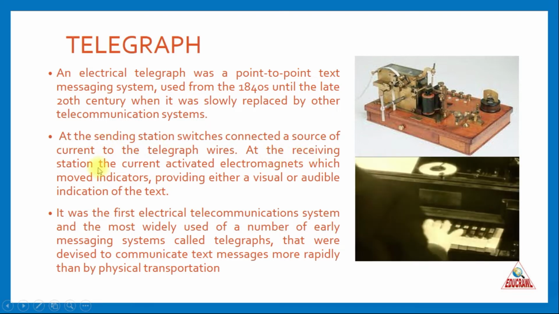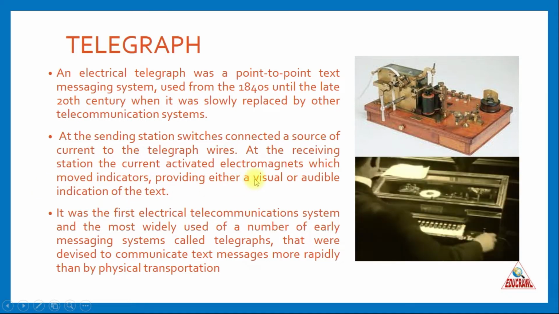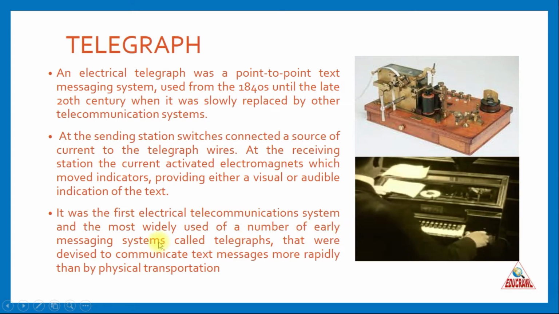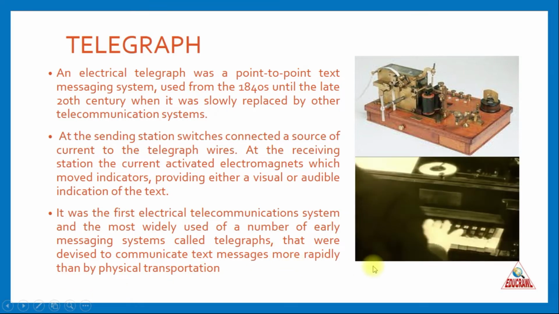Similarly, at the receiving station, the current activated electromagnets which moved the indicators, providing either a visual or audible indication of the text. It was the first electrical telecommunication system, and the most widely used of a number of early messaging systems called telegraphs that were devised to communicate text messages more rapidly than by physical transportation.